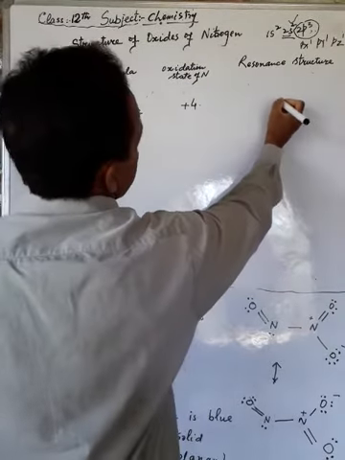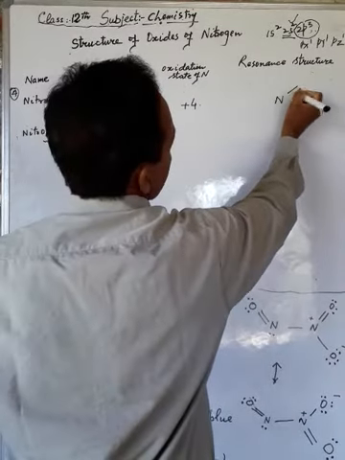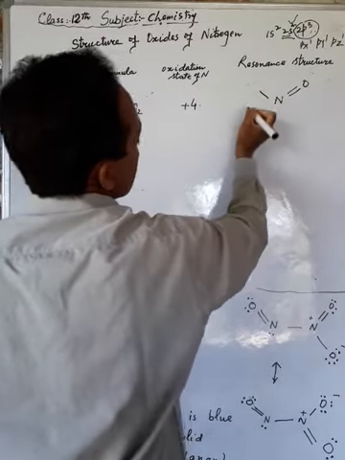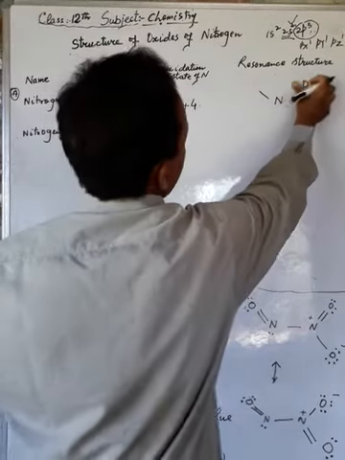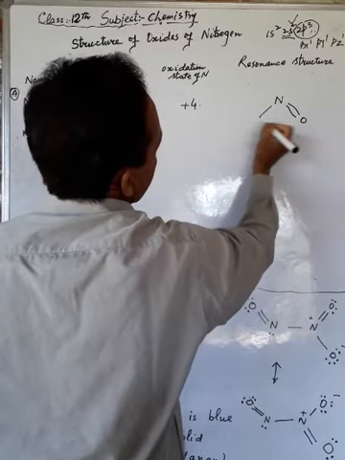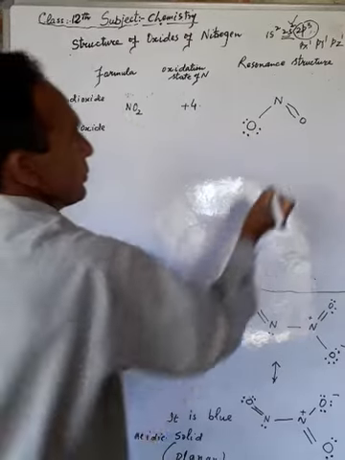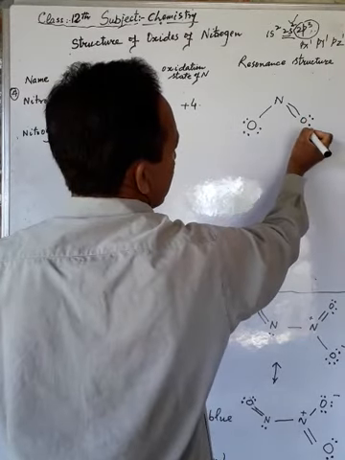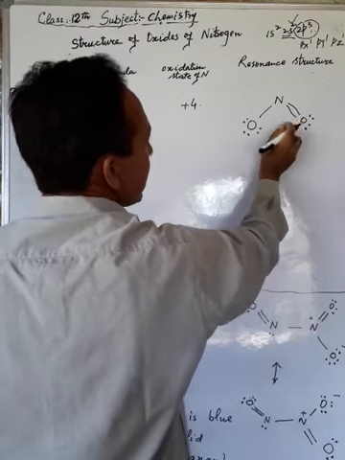The resonance structure is nitrogen, O, show it like this. दो चार छः आठ.